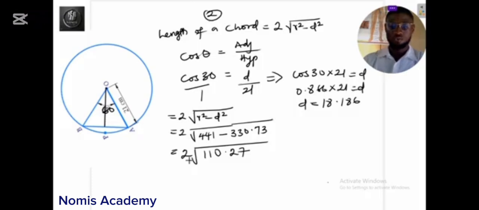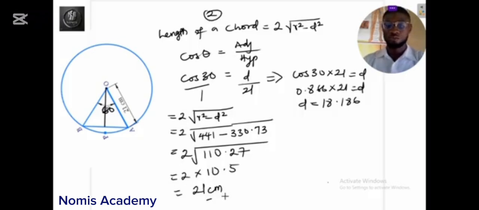So what is the square root of 110.27? It is 10.5. So when we multiply, 2 multiplied by 10.5 is equal to 21. So we can see that the length of the chord is 21 centimeter here.